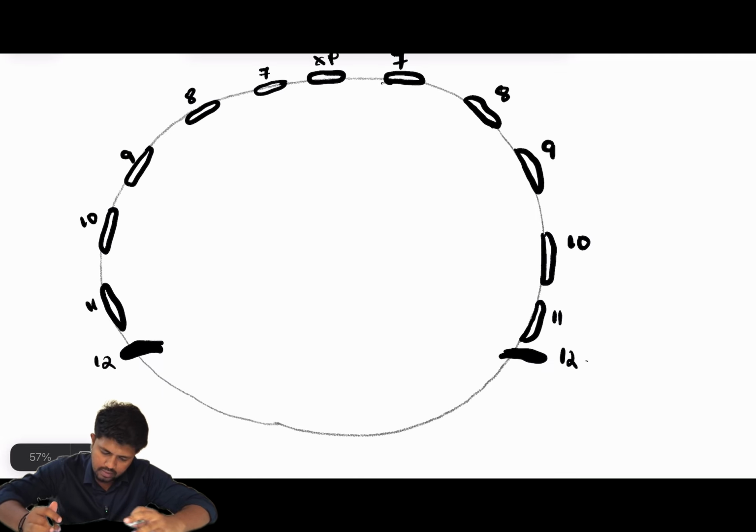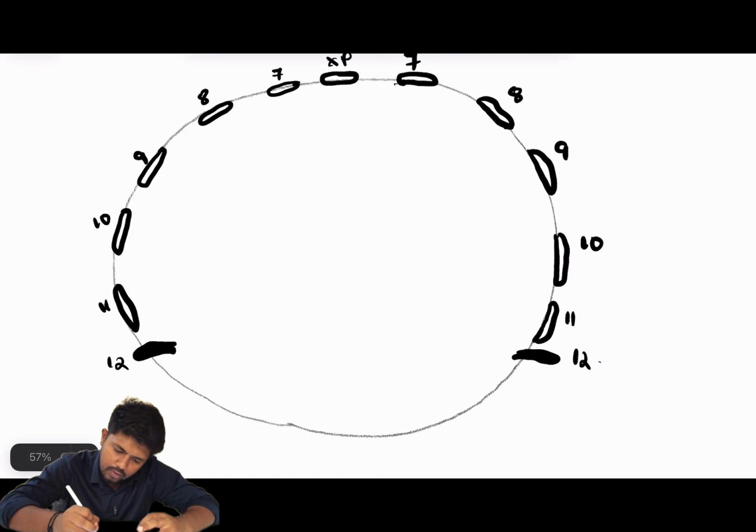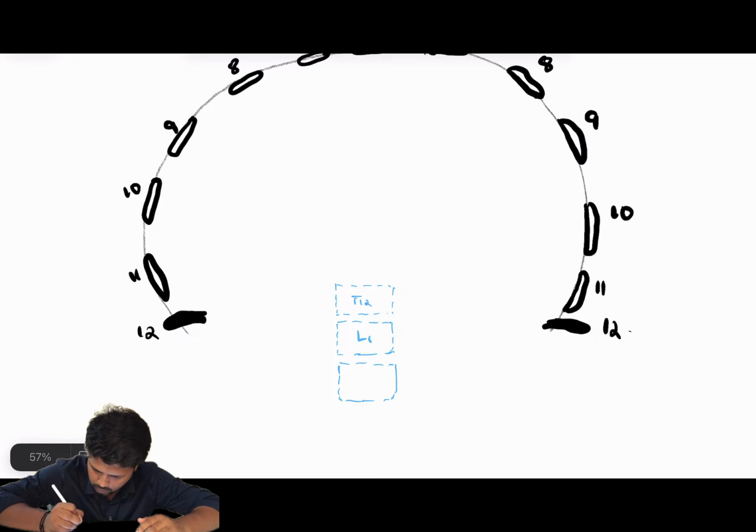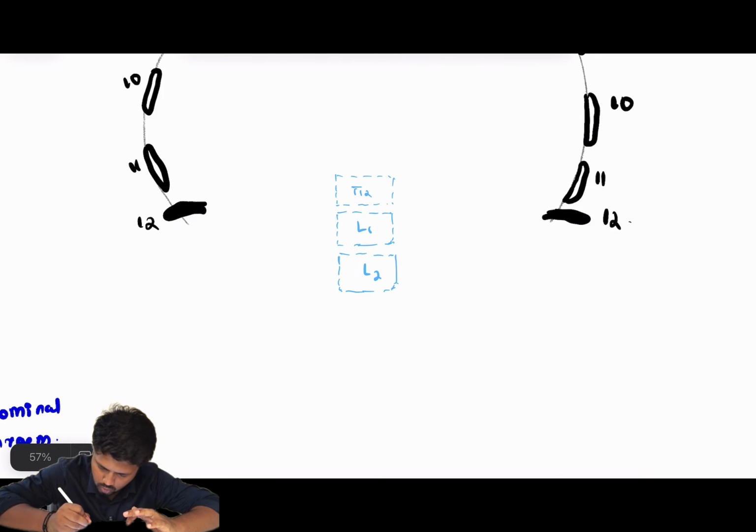Now we'll make some vertebrae in this, in a lighter color. For example, T12, L1, L2, L3.